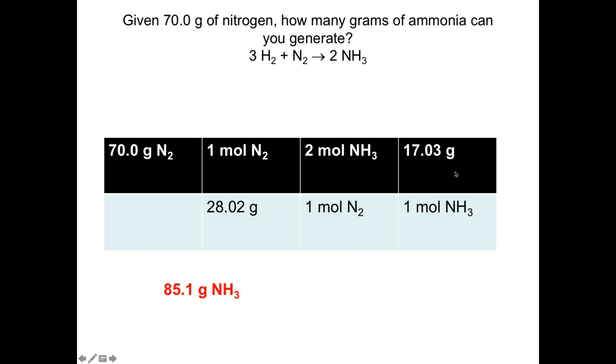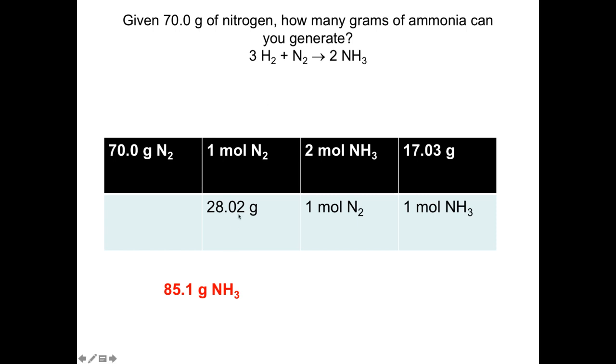Then I just need to get in my position. So as we've done before, anytime you have grams of something and you want to move it, you have to convert it to moles. So we know that this is going to be 1 mole of nitrogen here, and then all I need to do is get the molar mass of nitrogen. When I go to the periodic table I've given you, 1 nitrogen is 14.01, so 2 of them would be 28.02.